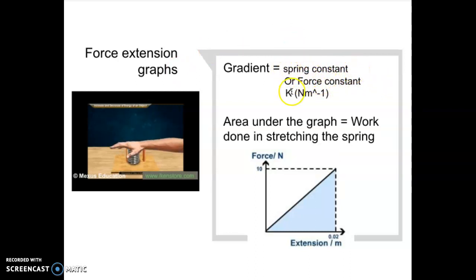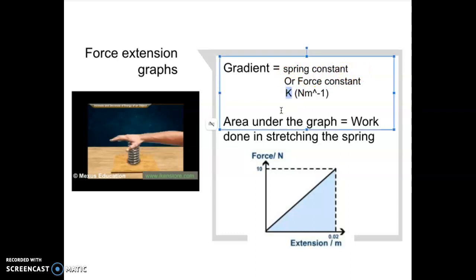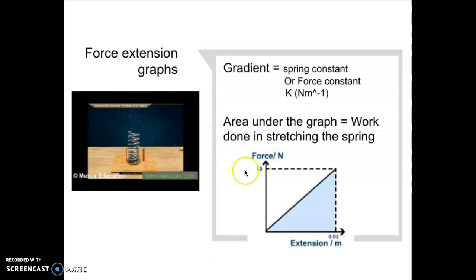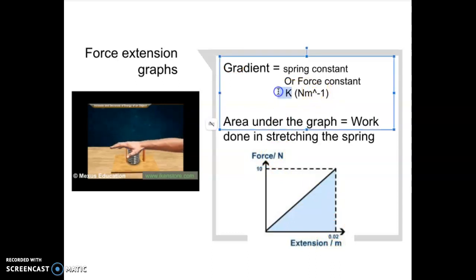That constant is called k, and we can find the value of k by plotting a graph of force against extension, or in this case compression. Force extension graphs for springs are straight line graphs, and the gradient, the slope, of a force extension graph for a spring will give you the force constant, or the spring constant k.